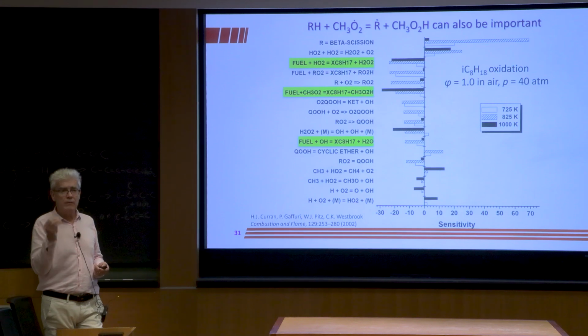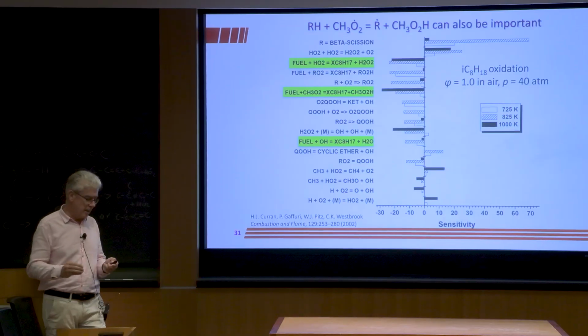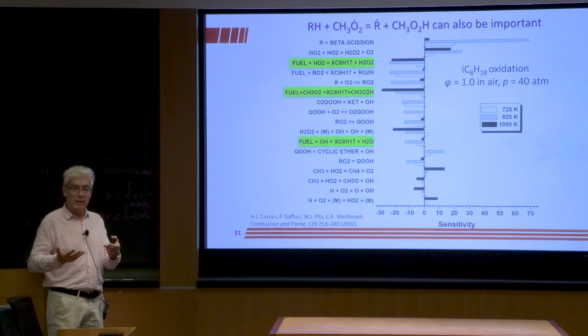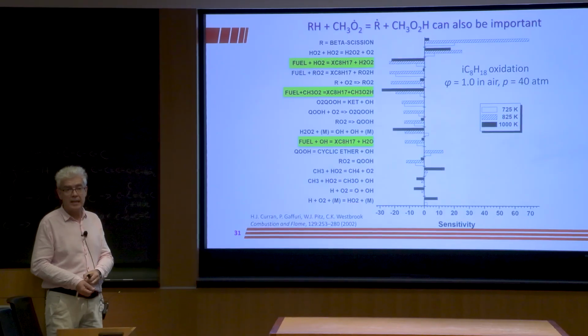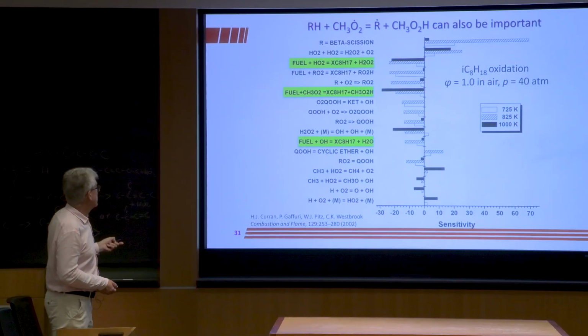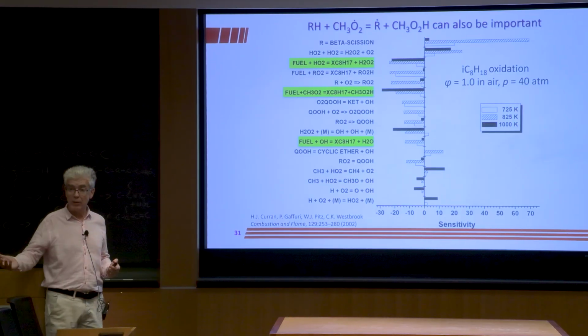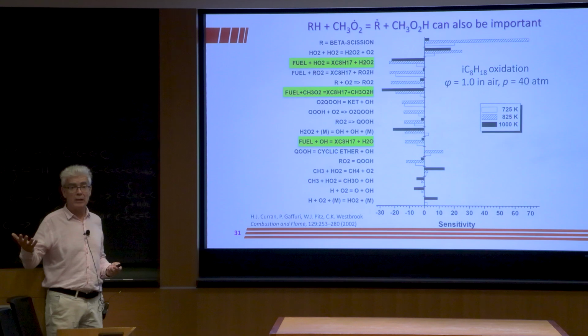Okay, so any fuel that can give you methyl radicals, those methyl radicals then, if you're at intermediate temperature, can add to O2 to give you methyl peroxy radicals. And then the methyl peroxy radicals can abstract from the fuel to give fuel radicals and CH3O2H. And then CH3O2H gives you methoxy plus OH, and that will give you branching.